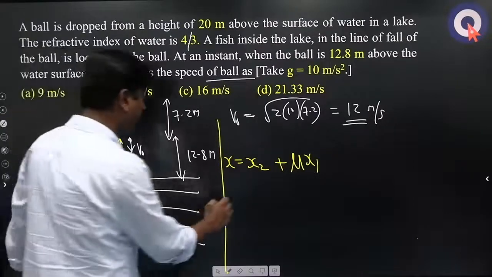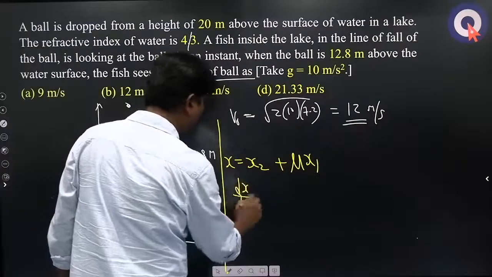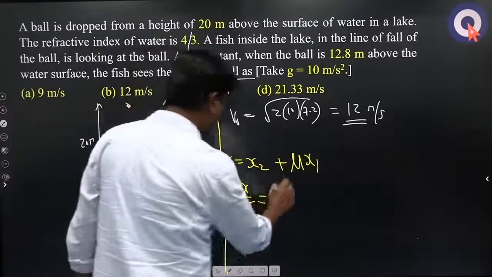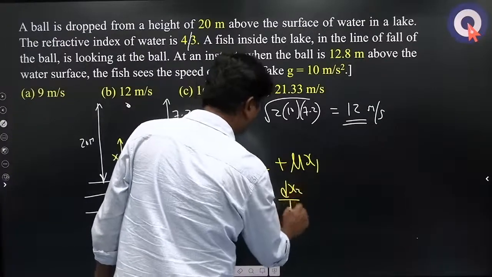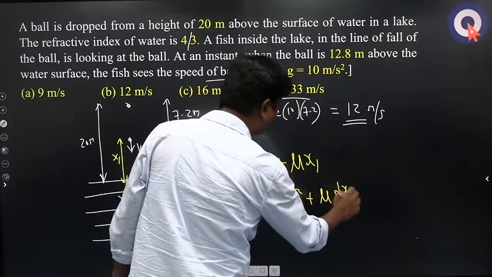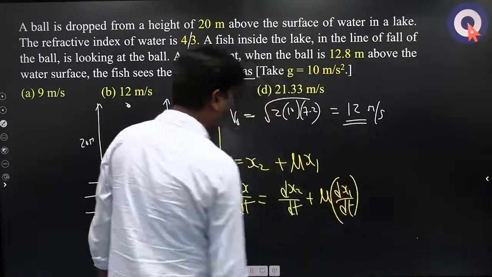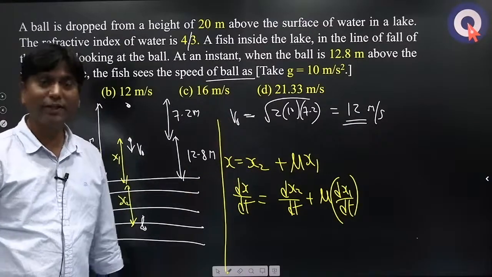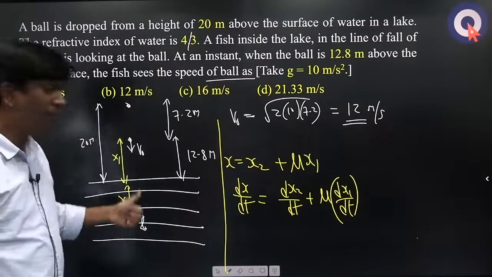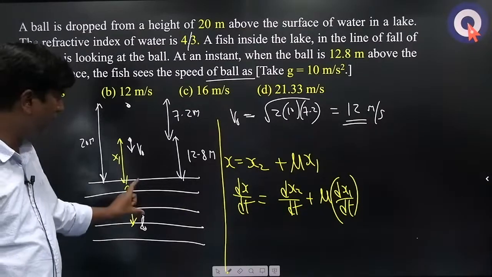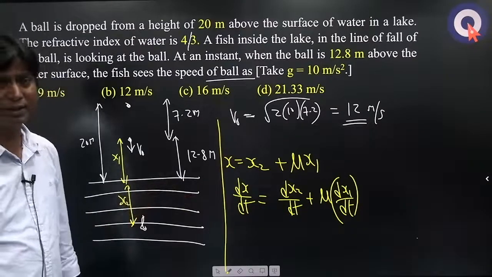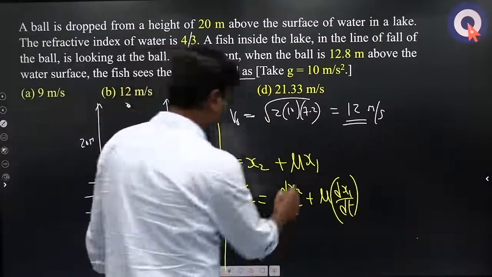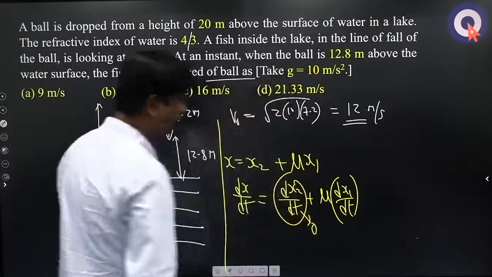Now if you differentiate dx by dt, the rate of change of the distance, that is only the speed: dx2 by dt plus nu times dx1 by dt. And here the fish is at rest, so that is why dx2 by dt will be 0. In some other cases, the fish also may be moving up, so then you have to take that particular speed also. Otherwise, here it is anyway at rest, so no need to consider dx2 by dt, it is 0.